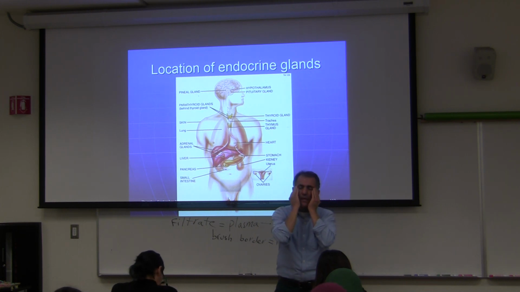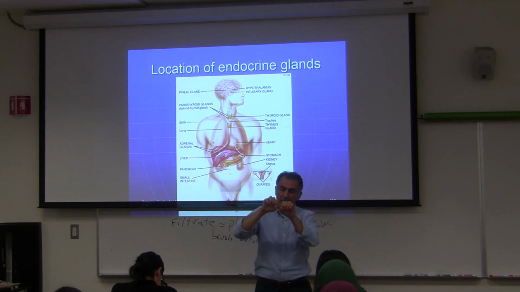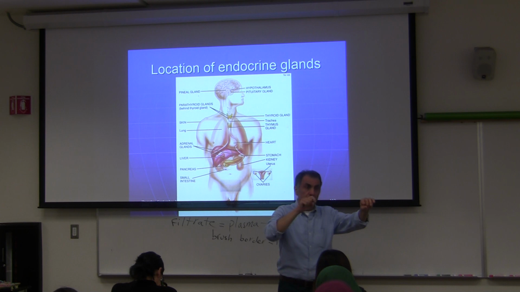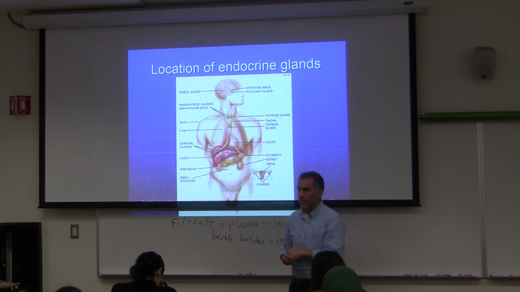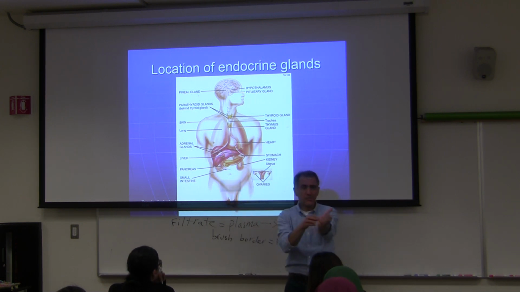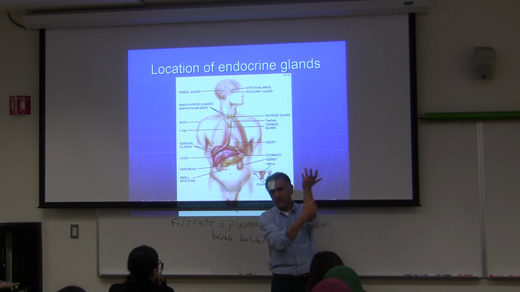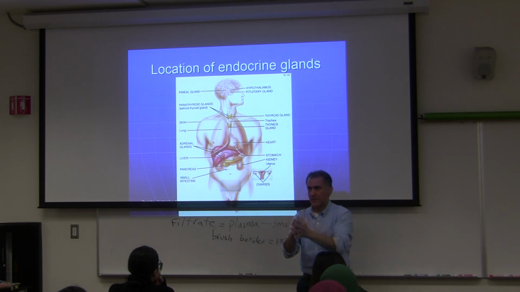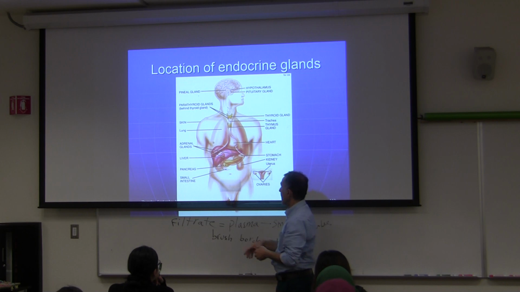The exocrine acini are in your pancreas, and by a duct they release whatever material they release into the duodenum. The ducts of the pancreas end up in the duodenum. You also have your sebaceous gland in your skin. It's an exocrine gland. They release fat and material into a duct.